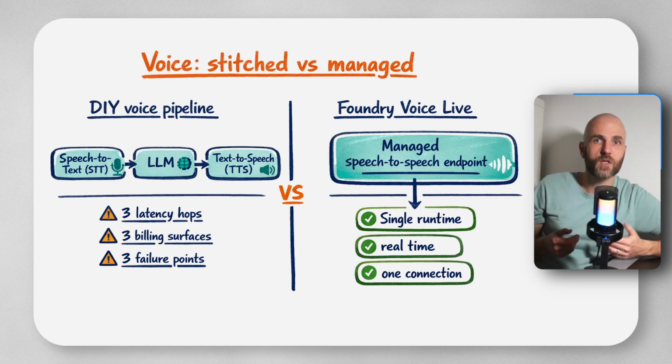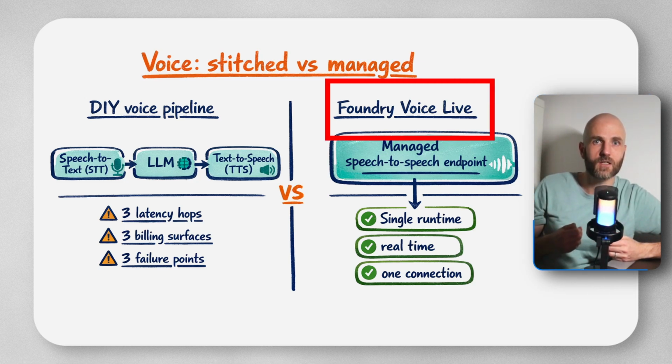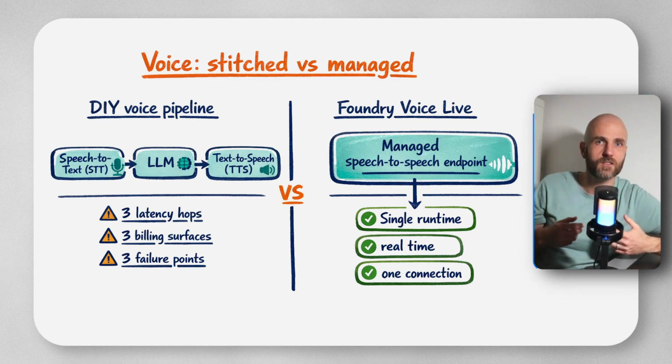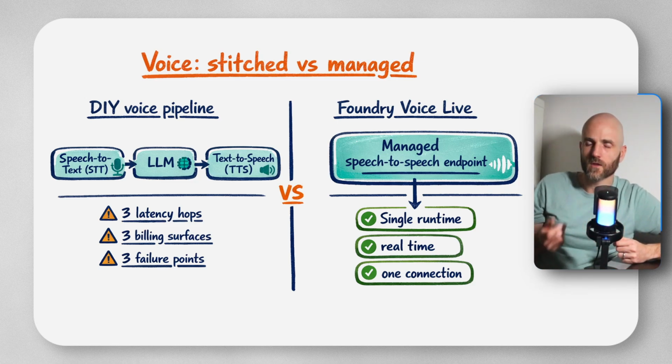The spoken language interface in Foundry Agent Service changes that by collapsing it into a single managed API endpoint. So instead of me orchestrating STT, model, and TTS, I connect once and it's speech to speech real time, as one runtime. Under the hood, there are a few capabilities that make it feel like a conversation instead of a phone tree.